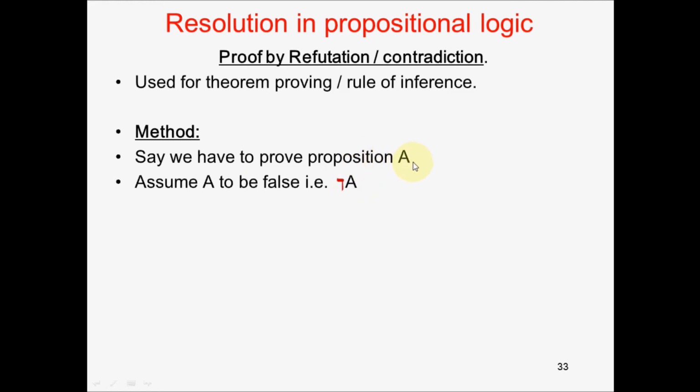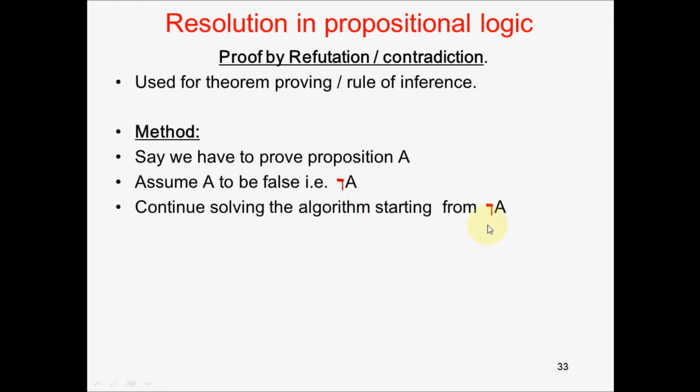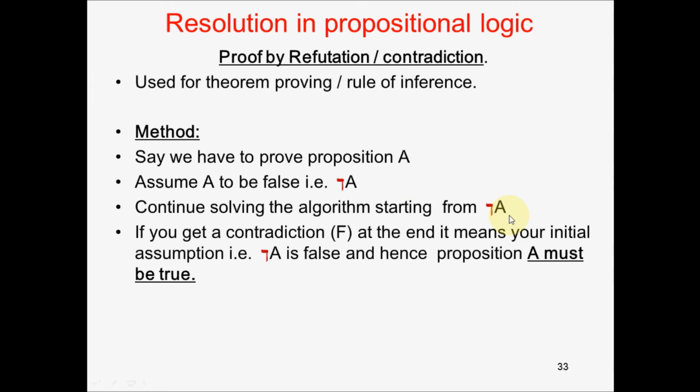Now this term not A, you add it to the set of statements in your knowledge base, and continue solving the algorithm starting with not A. If you get a contradiction, false, at the end, it means your initial assumption, not A, is false, and hence the original proposition which is asked to be proved, that is A, must be true.